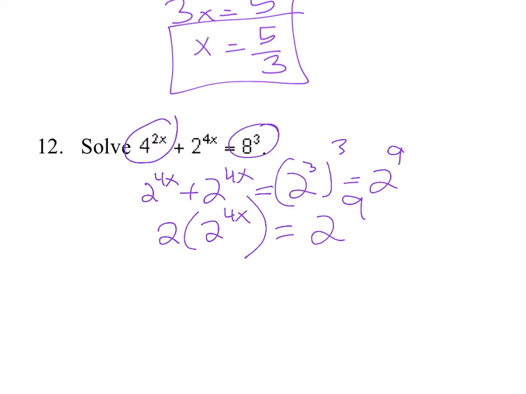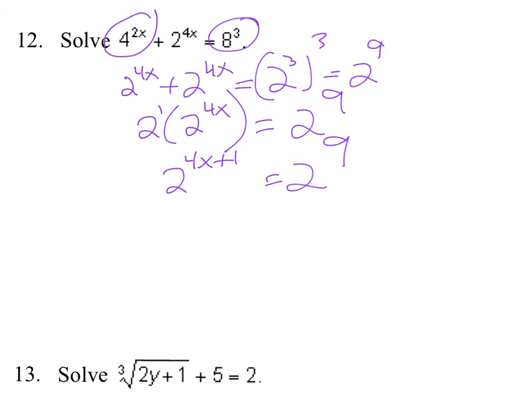All right, well, 2 to the 4x times 2 to the 1 is going to be 2 to the 4x plus 1. Now I can set my exponents equal. I'm going to subtract 1 from both sides, divide by 4.